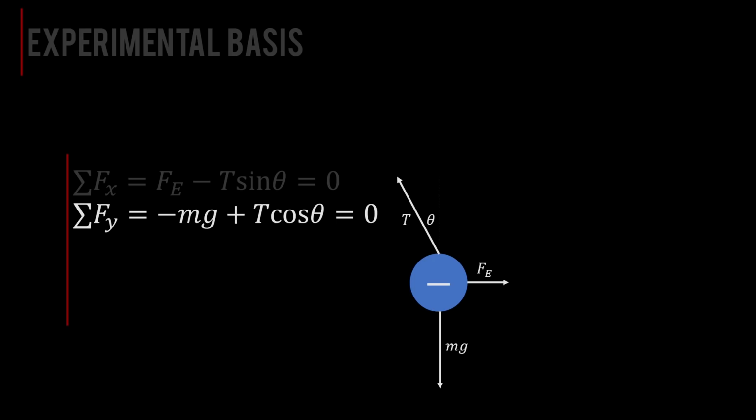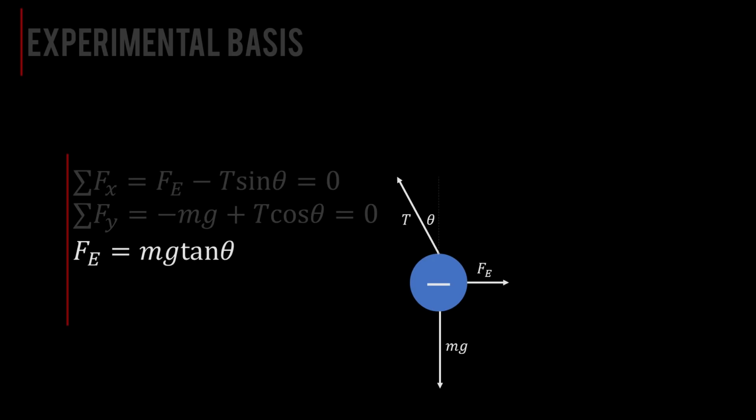Now, combining these two together, we have a relationship between the electrostatic force, the mass of the ball, and the tangent of the angle. What we could do is put various amounts of charge onto these balls, and then measure very carefully the angle and the distance between the two balls.